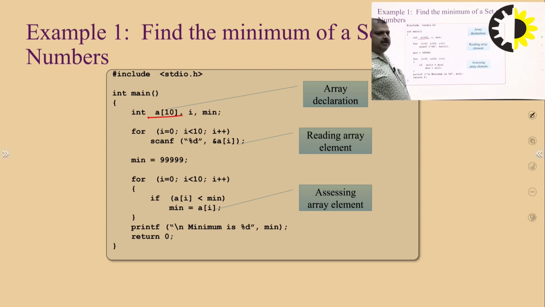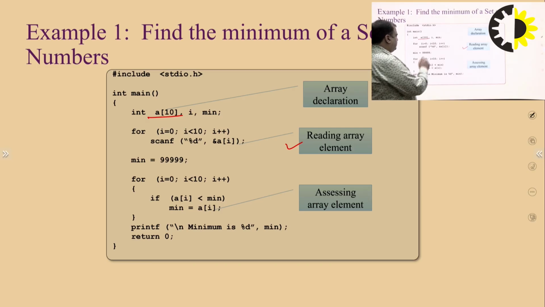Here what we are doing is reading values from the user. If I want to read each element from the user, I'll have a loop. So we are reading array elements from the user.